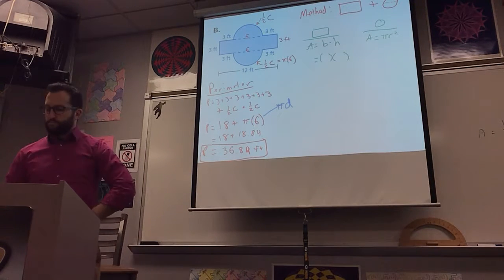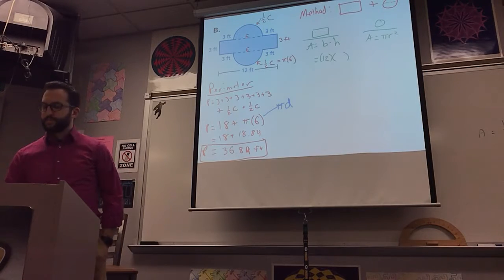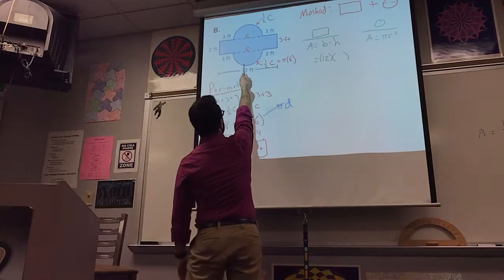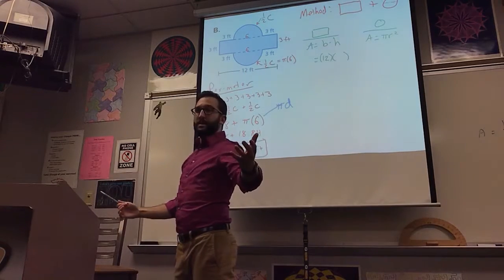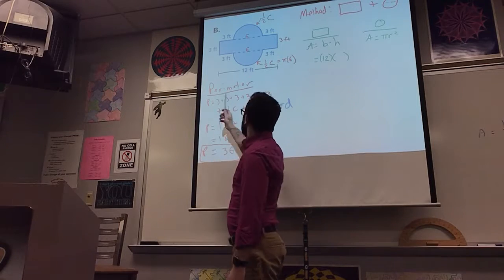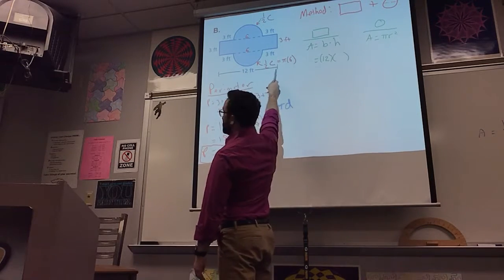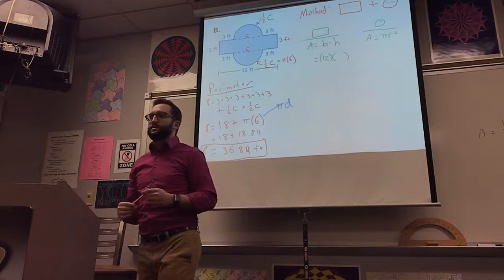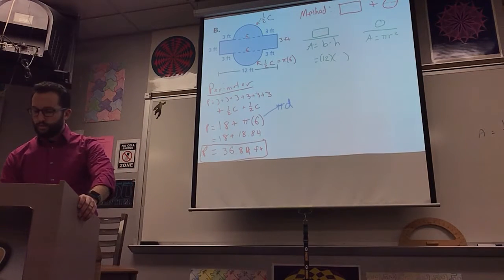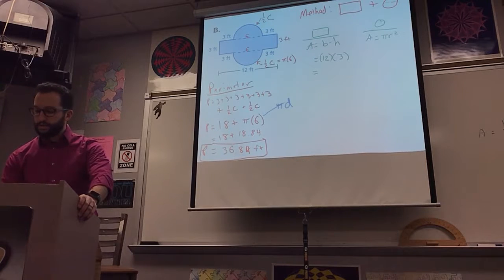Where did the 12 come from? Anna said the 3 plus the 6 plus the 3. That's an awesome way to see it. The other way is that you're given this length from here to there is 12. So the base is 12, and the height is 3. So our area for our rectangle is 36 feet squared.